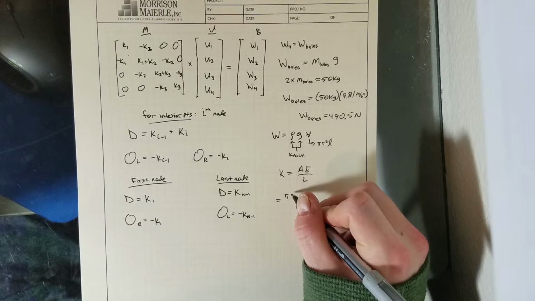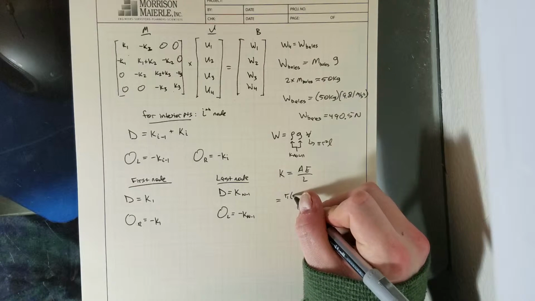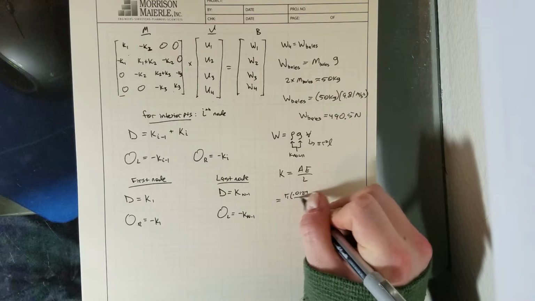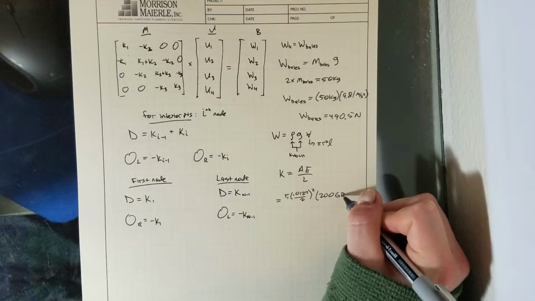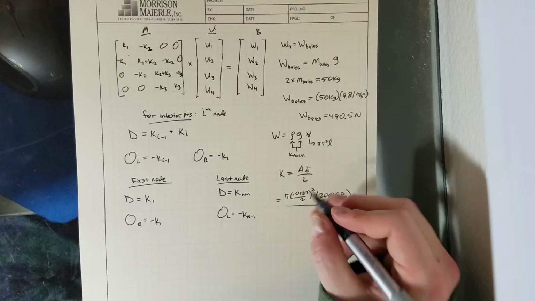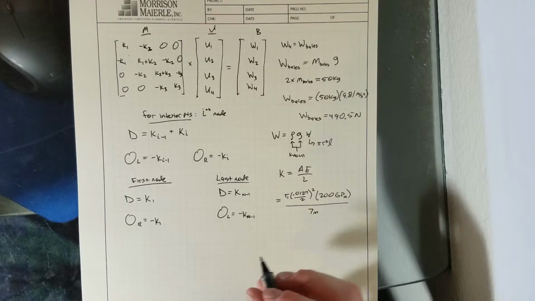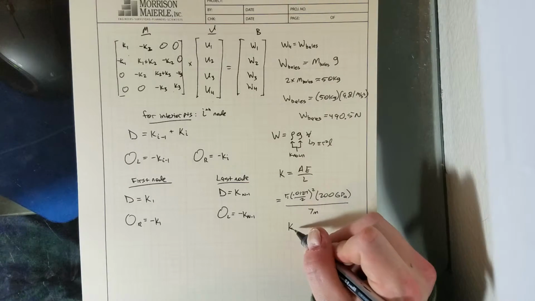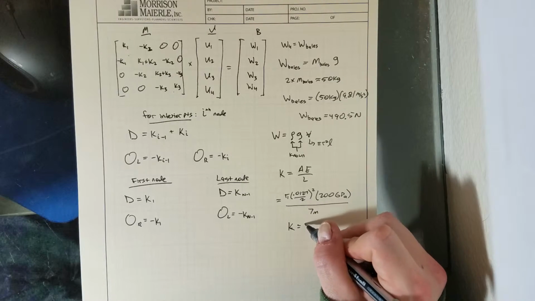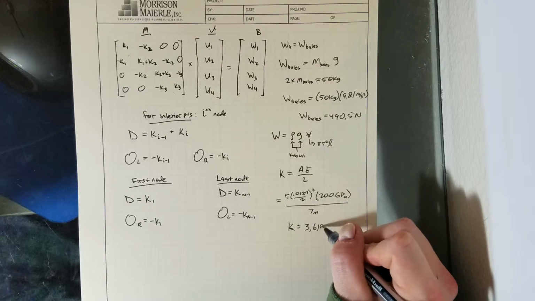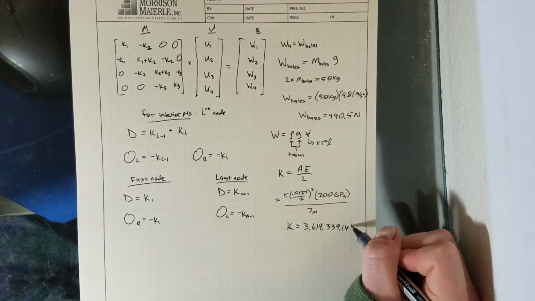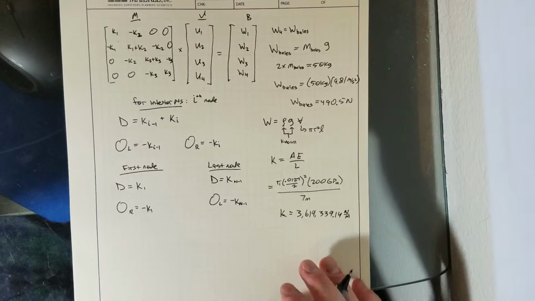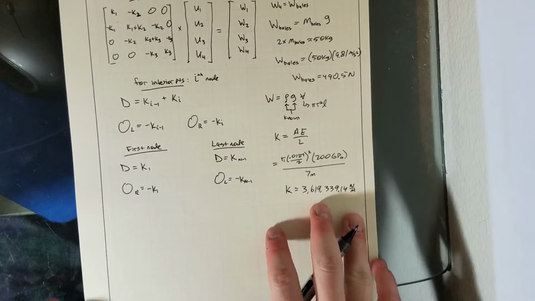So the cross-sectional area is equal to pi r squared. So we'll take the diameter divided by 2, square it. The known elastic modulus of steel of 200 gigapascals and the length of 7 meters. So then this gives us a K of 3,619,339.14 newton meters for each spring constant.